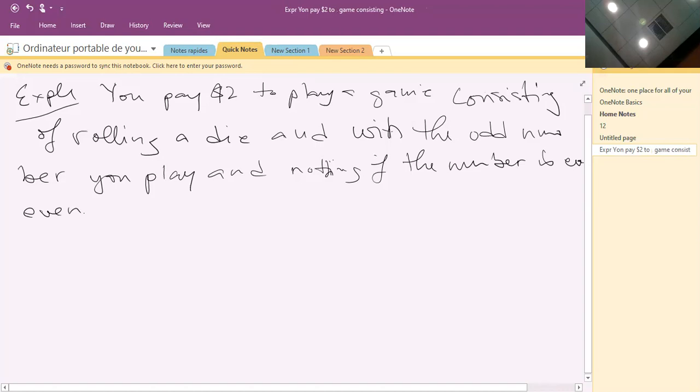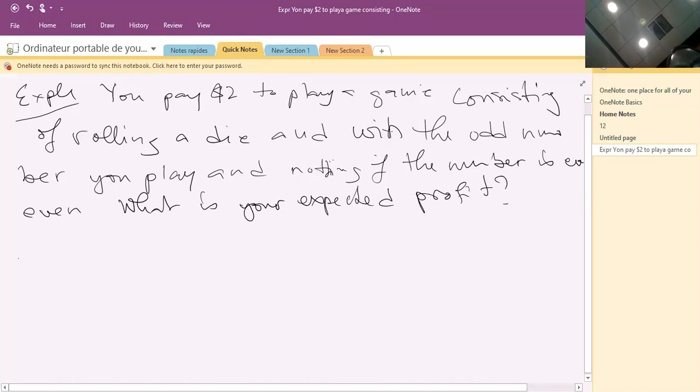So you pay $2 and roll a die. If the number is even, you lose. If it is odd, you win the number you roll. What is your expected profit? Find the variance and standard deviation.